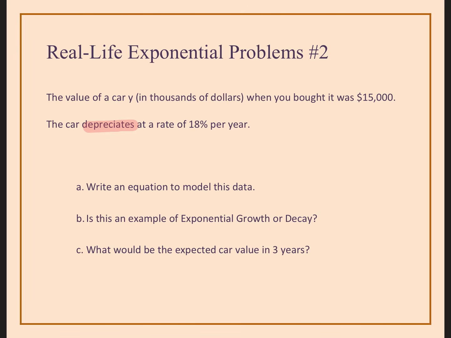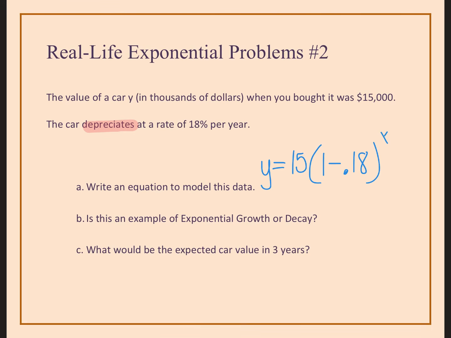Write an equation to model this data. Y equals, my starting amount is 15,000. Now it's just 1,000, so 15. Now it depreciates at 18%. Please don't put 18% there because it's decreasing each year by 18%. So how much are we multiplying it by? 1 minus 0.18.